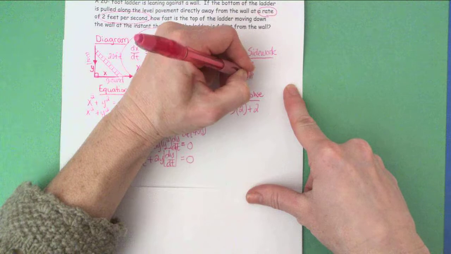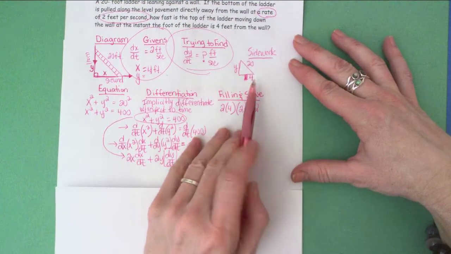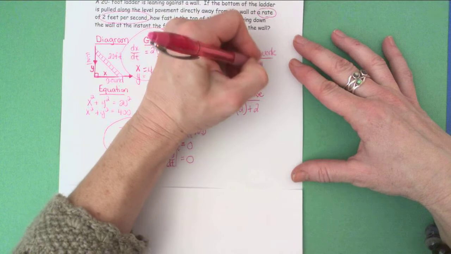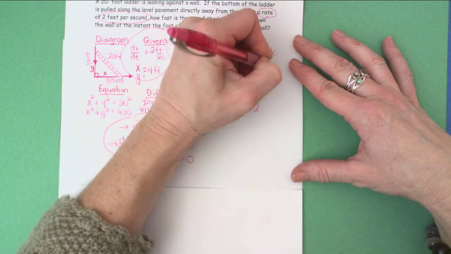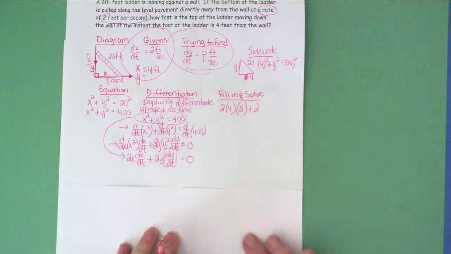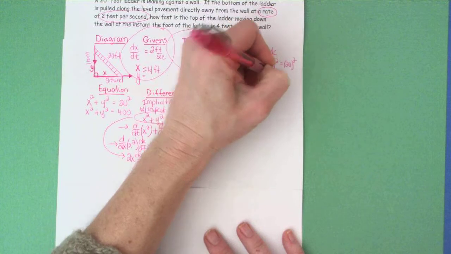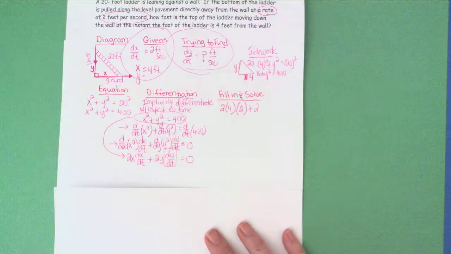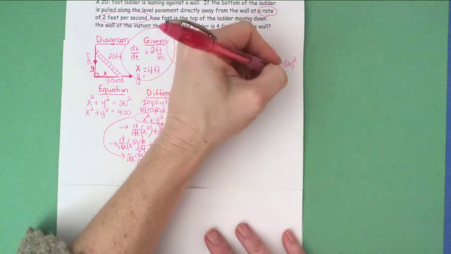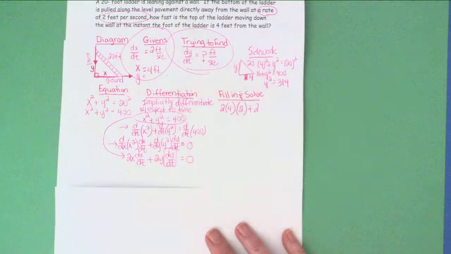At the moment, the base of the ladder is 4, and I wrote an x. So if I just quickly run the Pythagorean theorem, I would have 4 squared plus y squared equals 20 squared. And that would give me 16 plus y squared equals 400. If I subtract 16 from both sides, I get y squared equals 384.